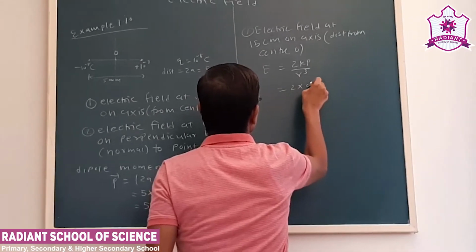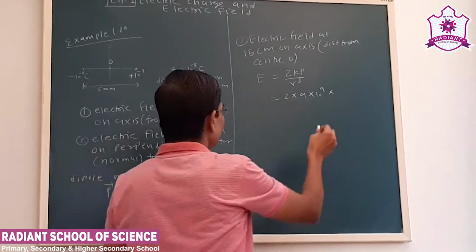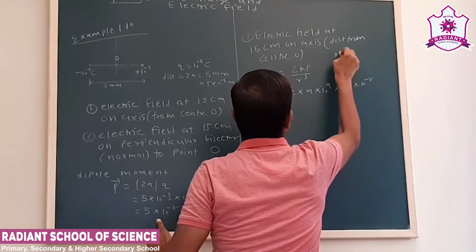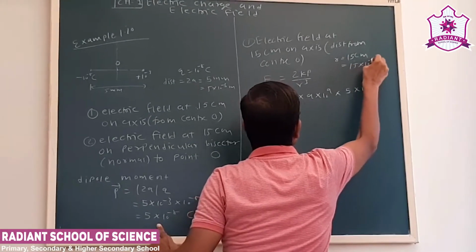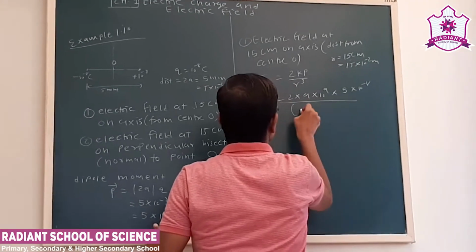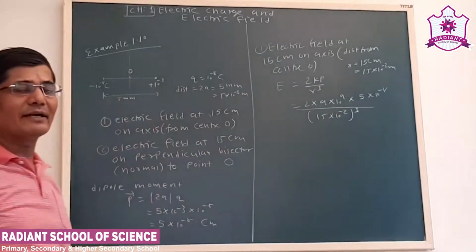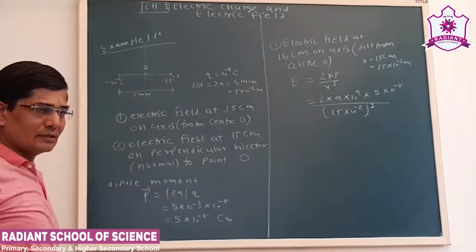So 2k is 9 into 10 to the 9 in MKS, p is 5, distance r is 15 centimeter. Okay, this is how we can find out the electric field at any point on the axis of the dipole.